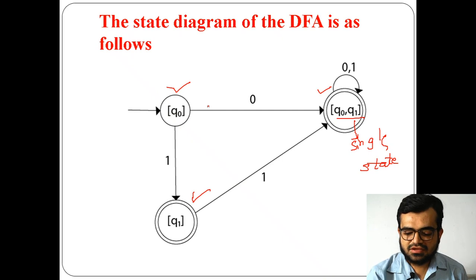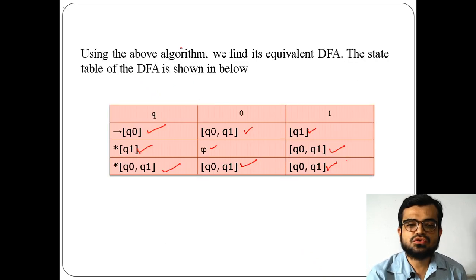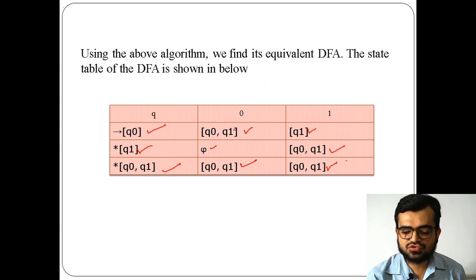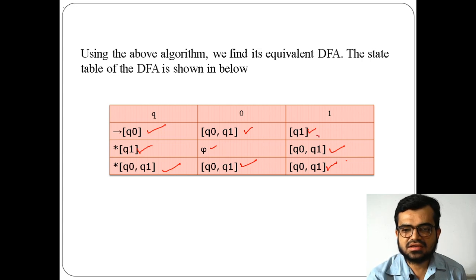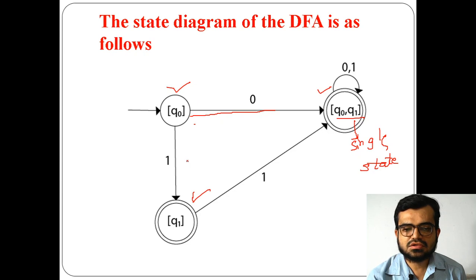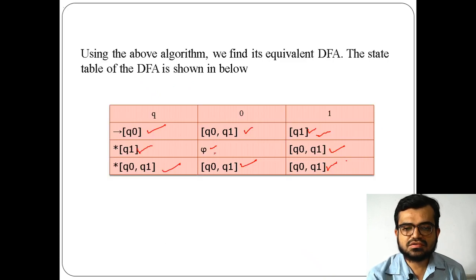So if you see this, Q0, upon receiving input 0, goes to [Q0, Q1], so it is going in this manner. Upon receiving input 1, it is going towards Q1 in this way. For Q1 there is no input 0, it just gives input 1 to this state.